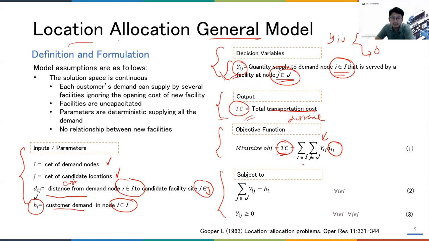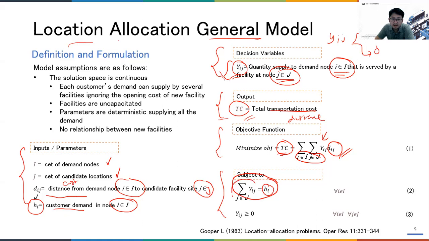So the sum of Yij multiplied by Dij over all i and j will be the total travel distance. And then the equation here is about Hi, the demand, right?